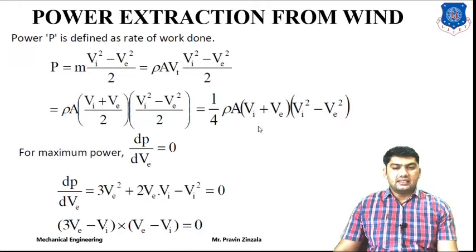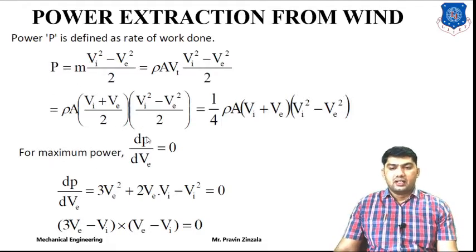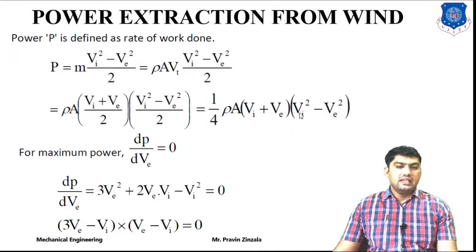If we insert this condition in this equation, we will get the maximum power. For maximum power, we take the derivative of power with respect to the axis velocity. Simplifying this equation, this is Vi into Vi, that means Vi cube, minus Vi V square, plus Vi V into Vi square minus Ve cube.